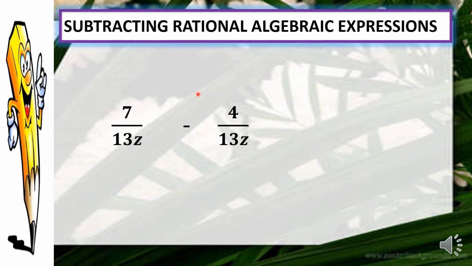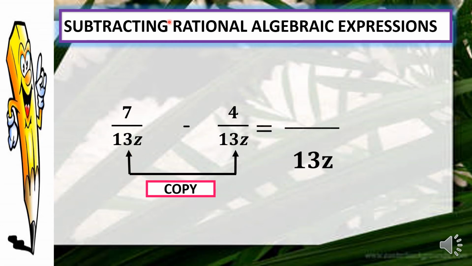So tulad din kanina dun sa ating addition, kapag nakikita natin na yung problem ay similar rational algebraic expressions, ganun din yung gagawin natin. Simply copy the denominator. So you have 13z. Isulat mo lang dito sa ating denominator 13z, kasi similar rational sila, algebraic expressions.